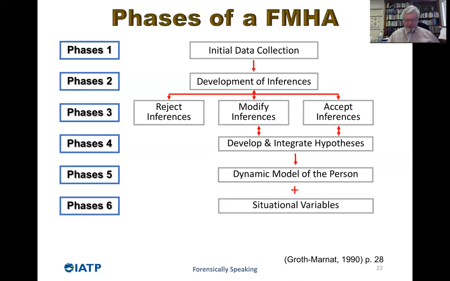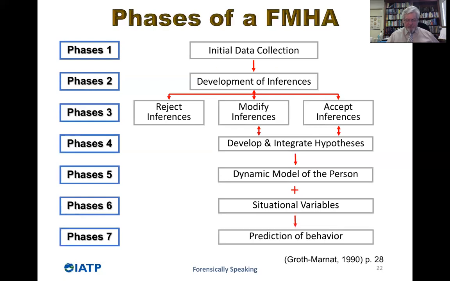Phase 6 places this comprehensive description of the person into a situational context. That brings us now to the final phase, phase 7, which makes specific predictions regarding the client's behavior. Phase 7 is the most critical. It is involved in decision making and requires that the clinician take into account the interaction between the personal and the situational variables.